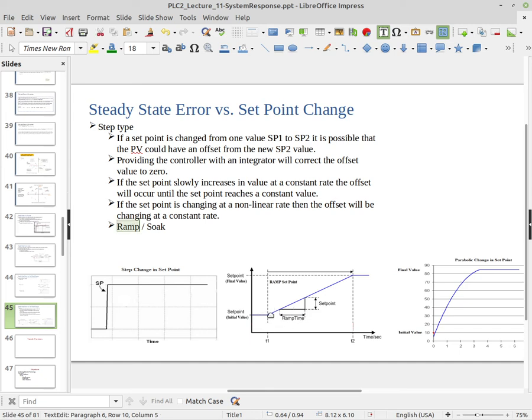Even though the operator may have put in a change in set point from, say, 0 to 10, so he changed it immediately, our control program actually needs to monitor that and say, hey, there was a drastic change in set point, but let's just walk it up slowly. So we're going to ramp it up.